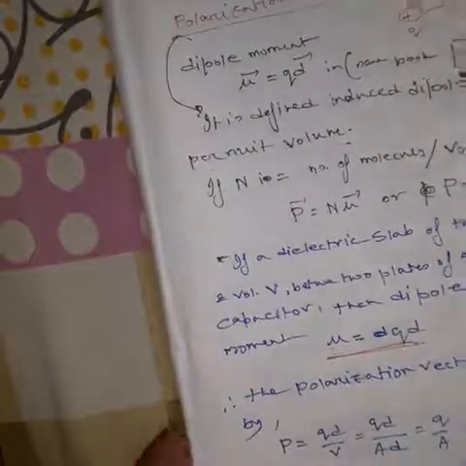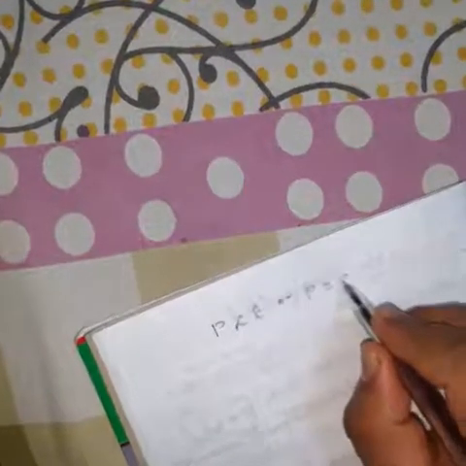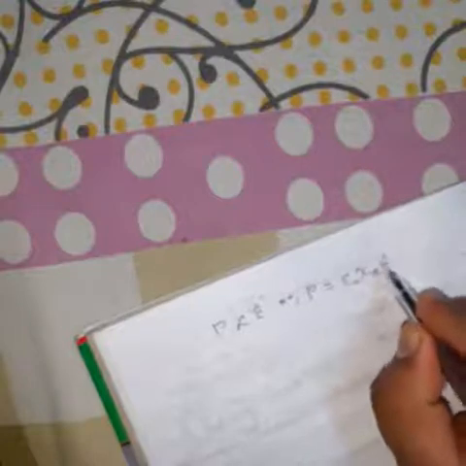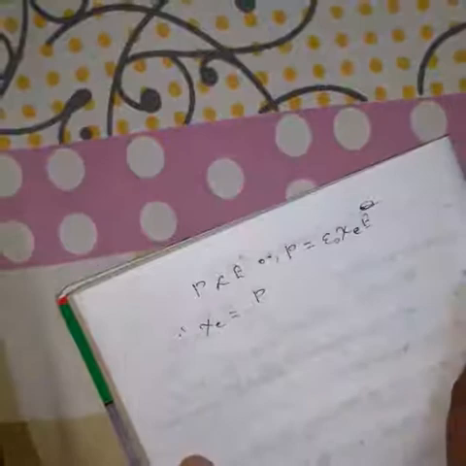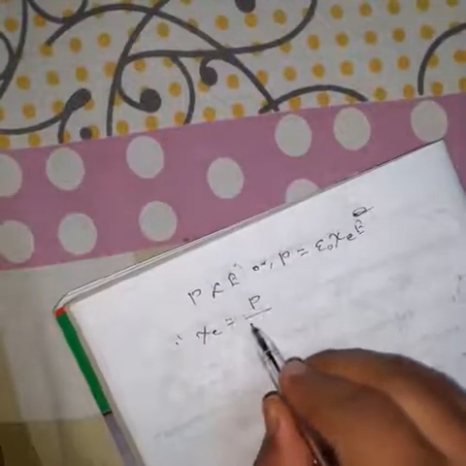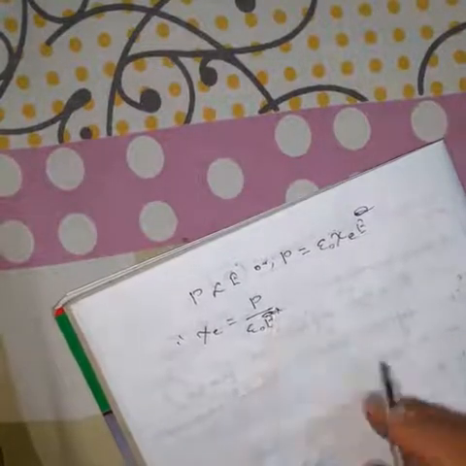Basically we can write P is proportional to E, or P equal to epsilon 0 chi E into E. So susceptibility can be written as chi equal to P divided by epsilon 0 into E. Sorry, I am not using the vector sign here.